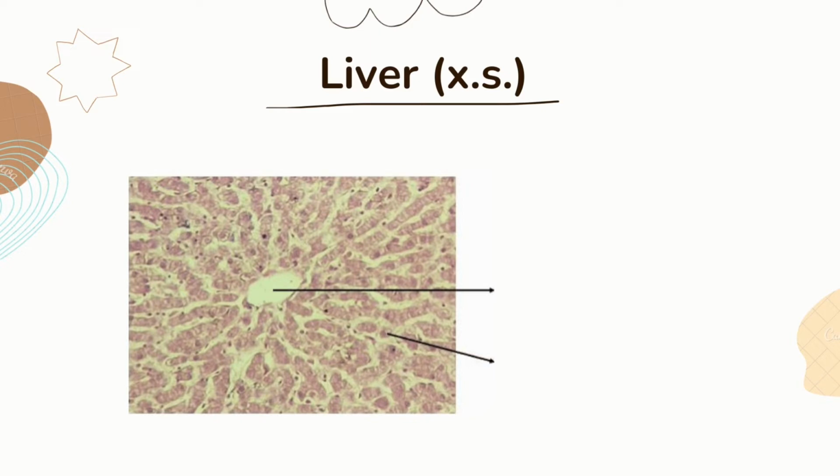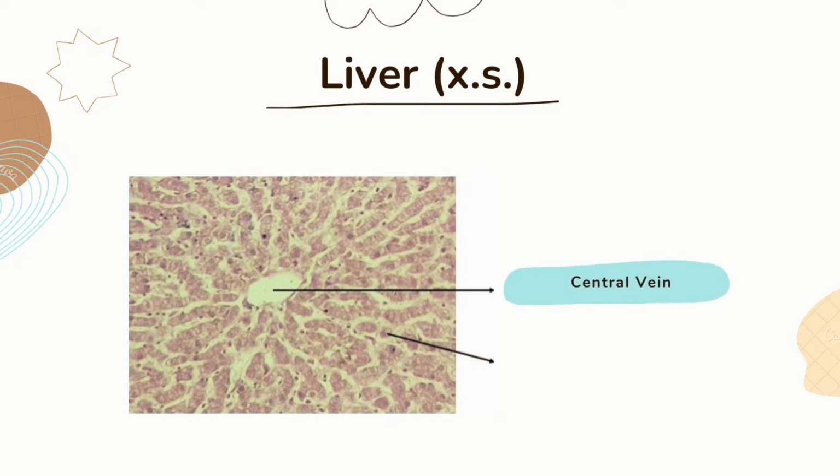The liver's role in the digestive system is to produce and secrete bile, which primarily assists in the digestion of fat. Furthermore, the liver is also in charge of processing and detoxifying the blood containing the nutrients absorbed from the small intestine. The first structure highlighted appears as a prominent hollow tube in the middle of the lobule.